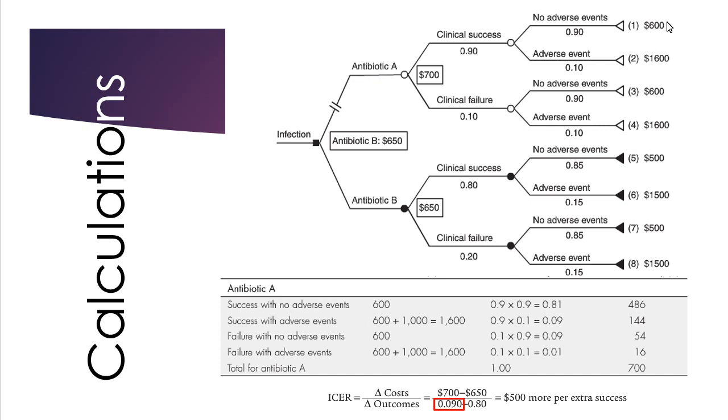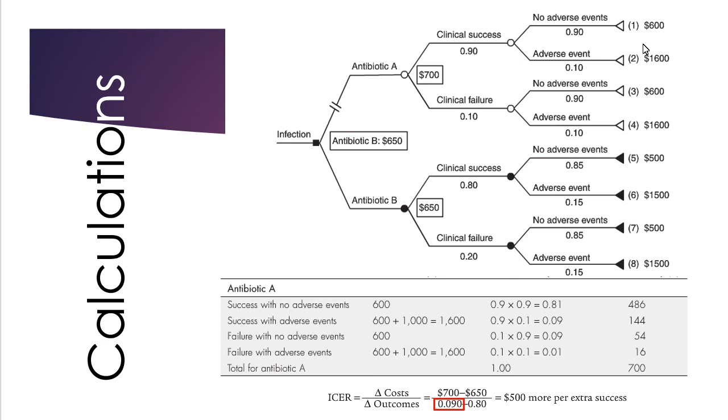And in this instance, we've got costs input into here, so we want to find which of these pathways is the least costly intervention. And the way to do that is to calculate the expected cost associated with the chance node. And the way that is done is, here's antibiotic A.